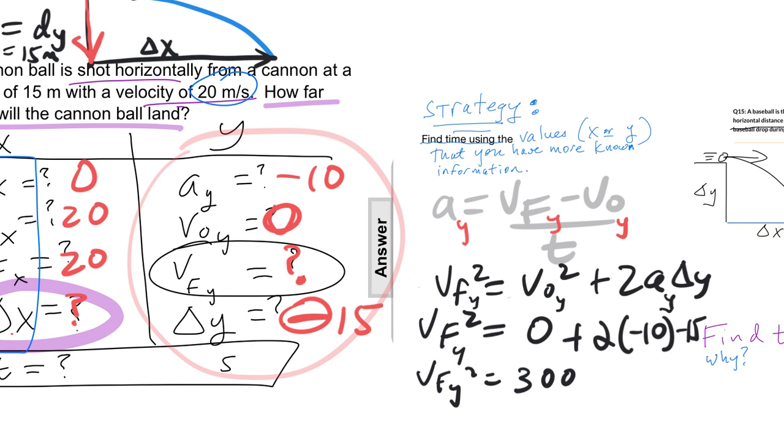Then two negatives cancel out. So VFY is equal to the square root of 300, which equals 17.3.